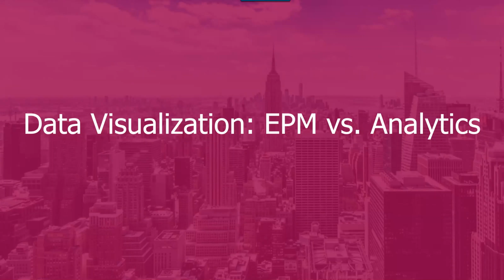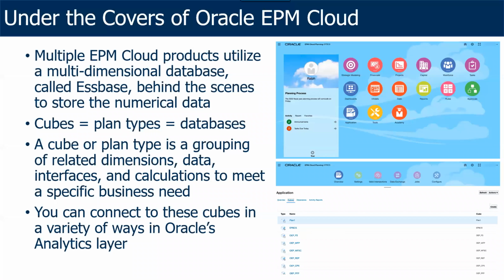the analytics side. On the EPM side, it's important to understand how data visualization software connects to EPM. When we talk about connecting to EPM Cloud business processes like planning or financial close and consolidation, we are really talking about connecting to Essbase, which is the primary data store for these applications. Essbase is often referred to as cubes, plan types, or databases.